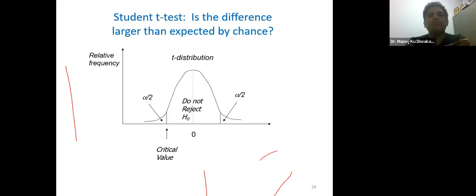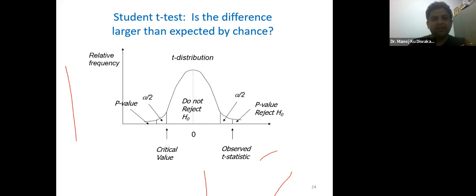Now we will talk about the student t-test. Is the difference larger than expected by chance? Here you can see the observed t statistic, and here you do not reject H naught. If the value comes up here, you do not reject H naught.